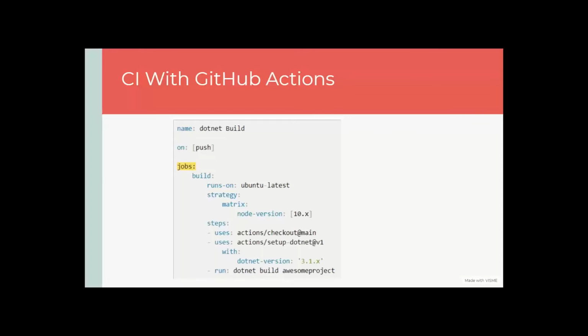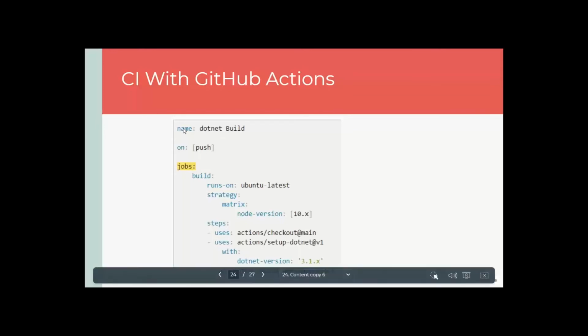So here they call it a workflow. They follow some other schema. For example, here the name is the workflow name, like the .NET build is the workflow name, and on means on which event they have to trigger the particular job. So this is the git push.